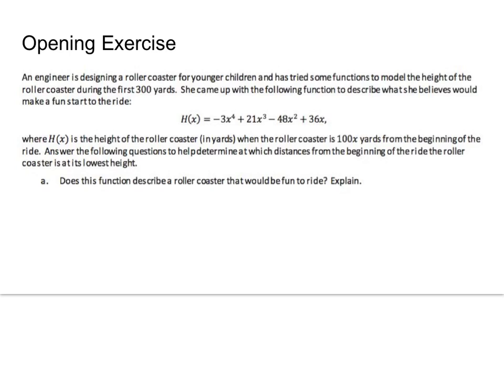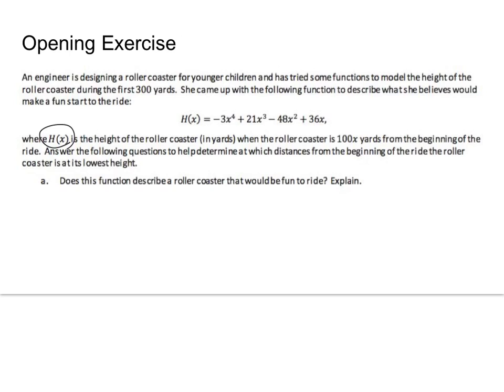Sorry, I meant negative 3x to the fourth plus 21x to the third minus 48x squared plus 36x, where h of x is the height of the roller coaster in yards when the roller coaster is 100x yards from the beginning of the ride.